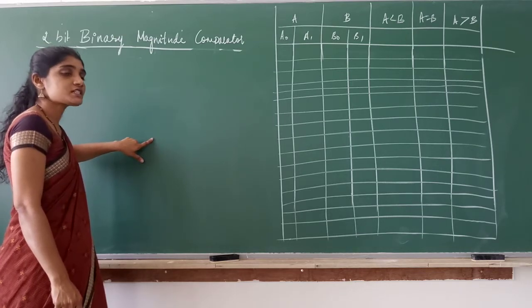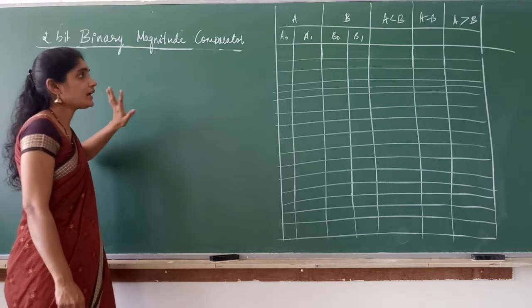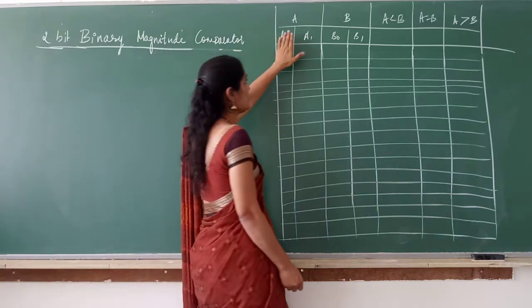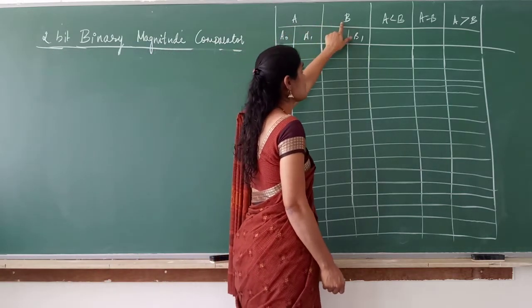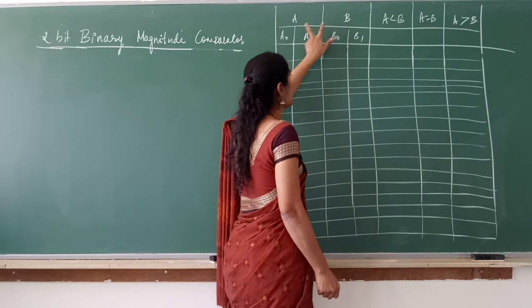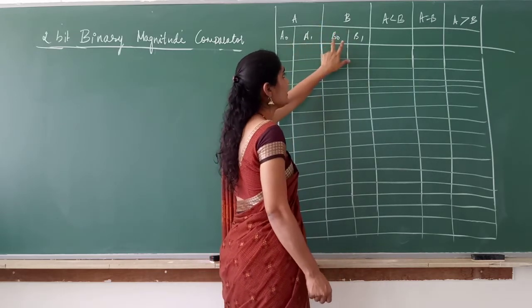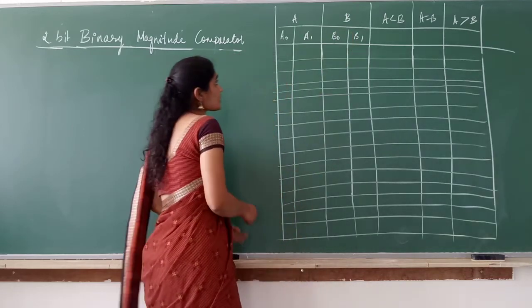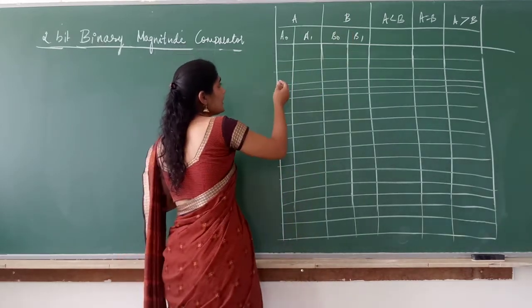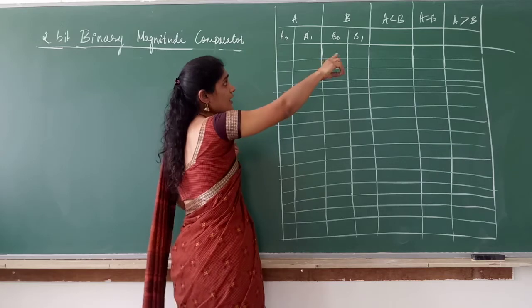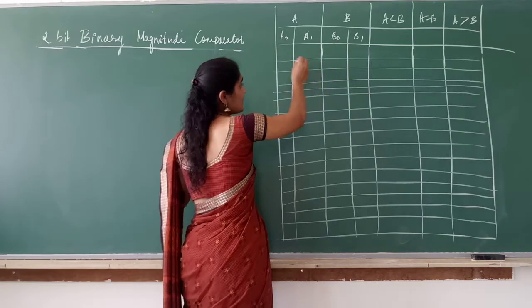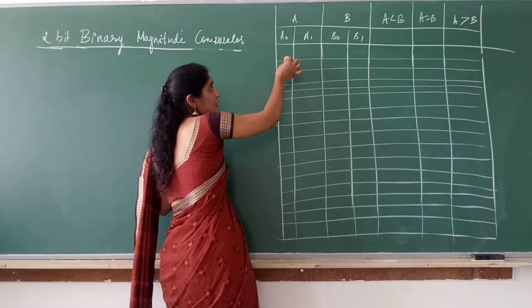The outputs are A less than B, A equal to B, A greater than B. So look at the truth table. A is a number, B is one more number. A is A1 A0, 2-bit, B is B1 B0, 2-bit. So now let us write the combinations. What are the possible combinations?